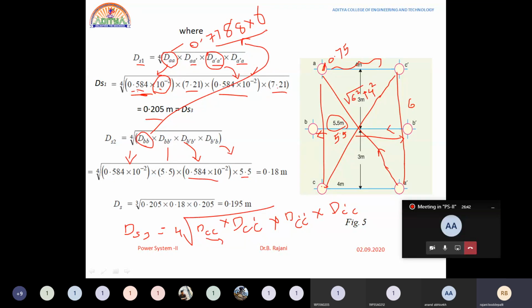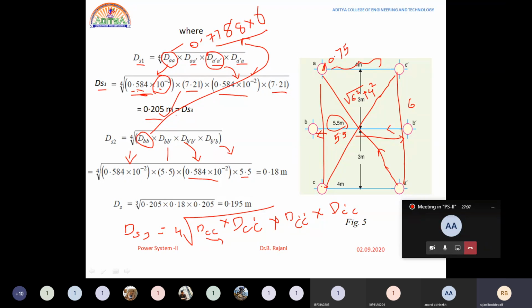So DCC gives the same value of this and DCC dash gives you the value of 7.21. So DC dash gives you obviously this value, and this value DC dash C is also 7.21. If you simply substitute these values in place of this, you will be getting the same answer as 0.205. That's why I have written DS1 is equals to DS3.